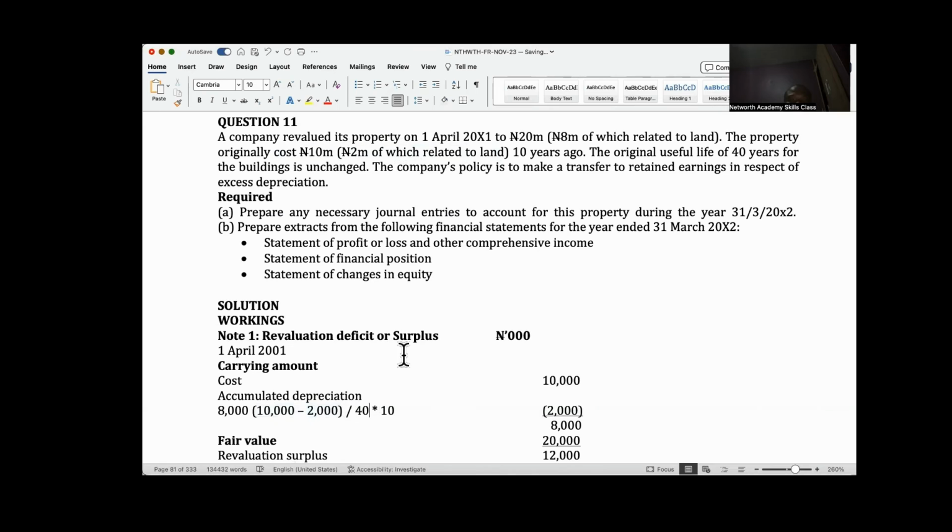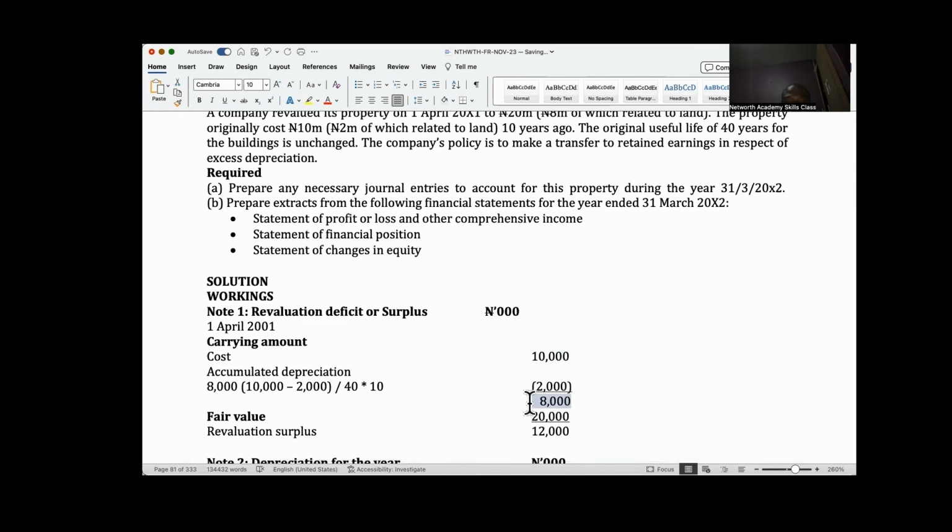But don't forget, at this date, 2001, this is after 10 years, because they said this asset was acquired 10 years ago. So they must have depreciated this asset for 10 years. 8,000 over 40 years times 10 years gives you 2,000, and this is my accumulated depreciation. If I remove that from the cost of this asset, that gives me my carrying amount as 8,000.